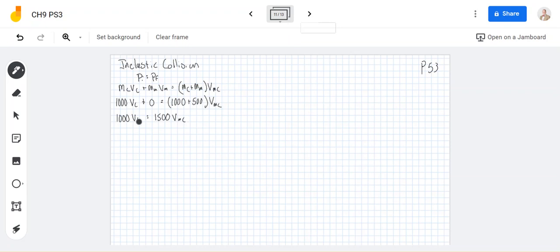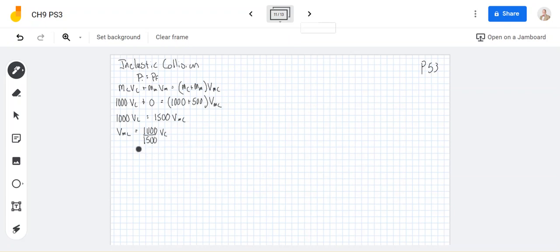So if I solve for the speed afterward, it's equal to 1,000 over 1,500. So what's happening here is it's decreasing. It's going to be 2/3 of what it was. Now that makes sense because you added on basically 1.5. So you increase the mass by 3/2, but you decrease the speed by 2/3.